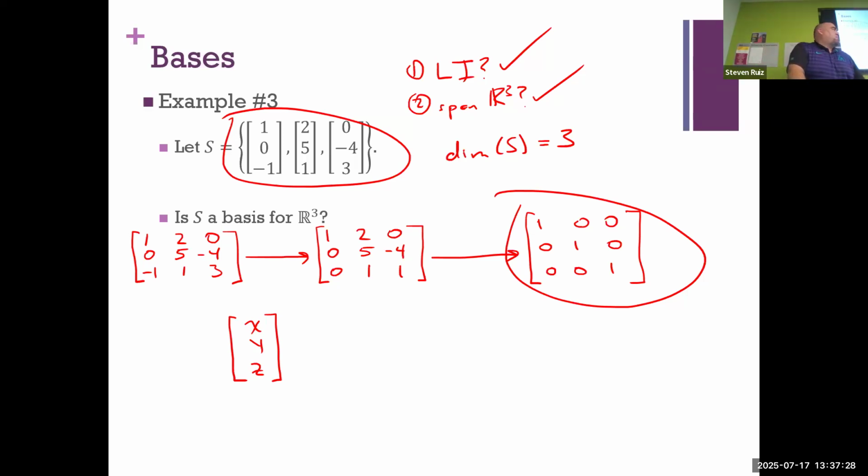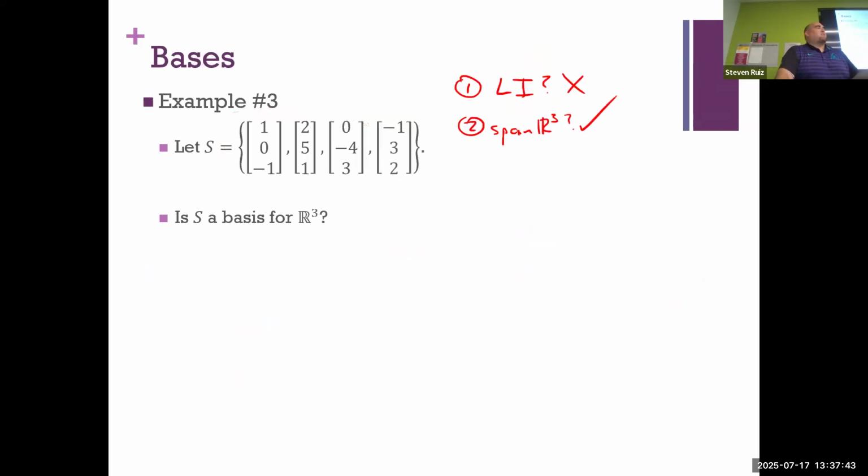I can make any vector you could possibly think of by combining vectors from either one of those sets. But if you told me this 3-dimensional thing is a basis for R3, then there's no way this 4-dimensional thing can also be a basis for it. Because if you have a subspace, all the bases for it have to be of the same size. They have to have the same dimension.